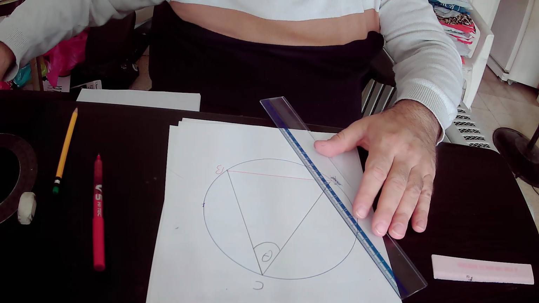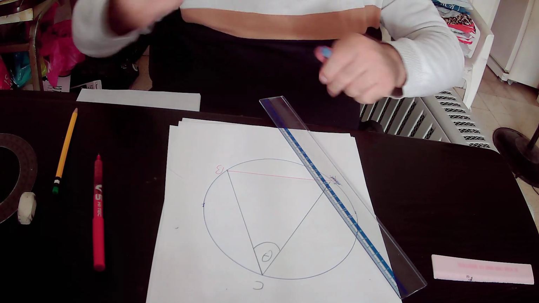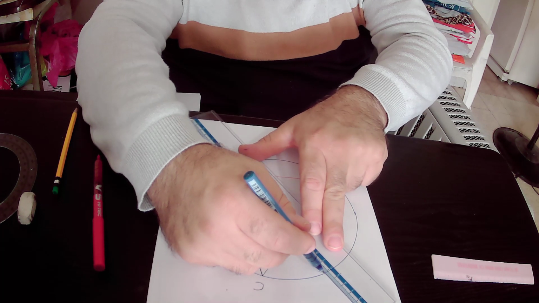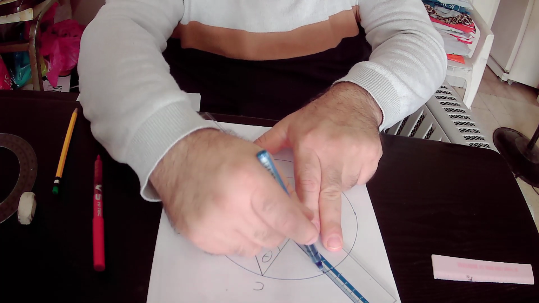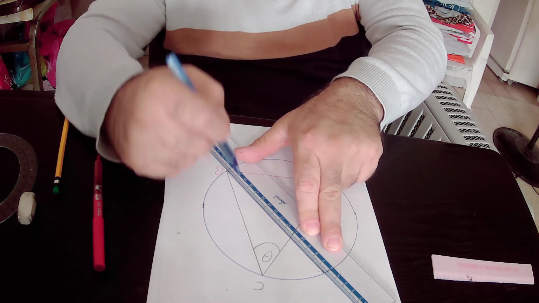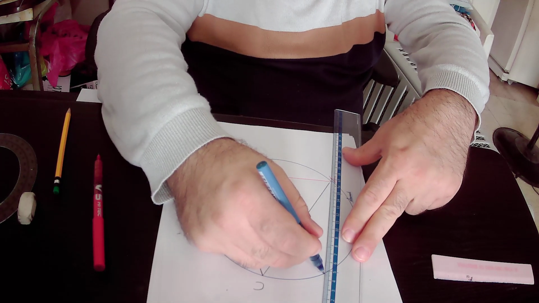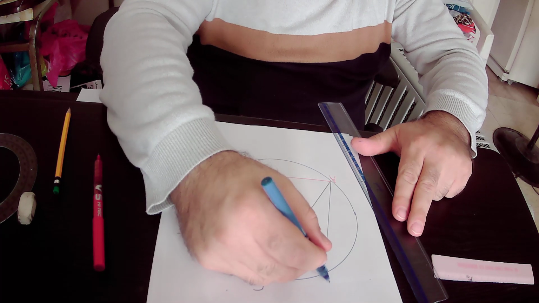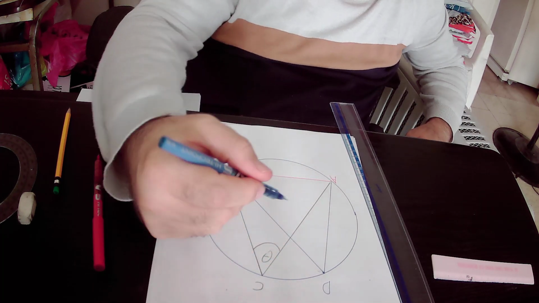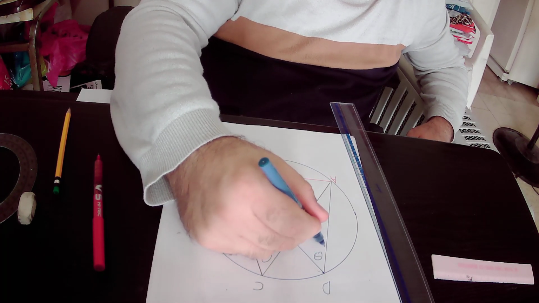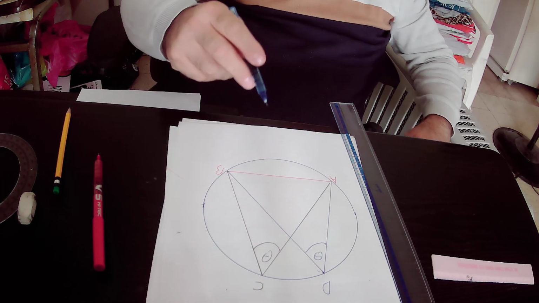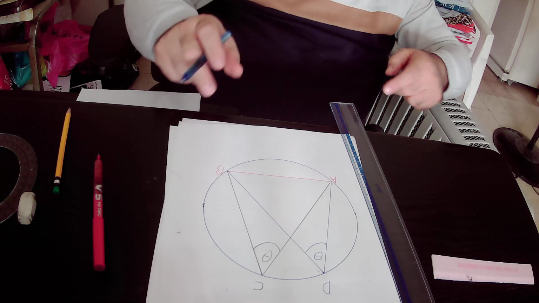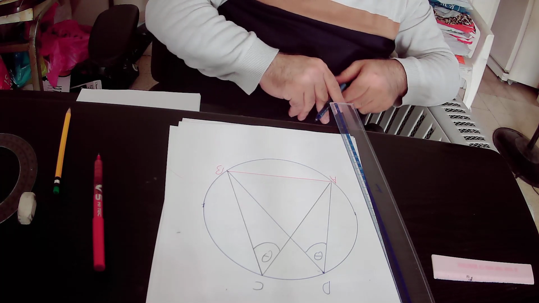So angle ADB also equals theta, and angle ADB also subtends on the same line segment AB.